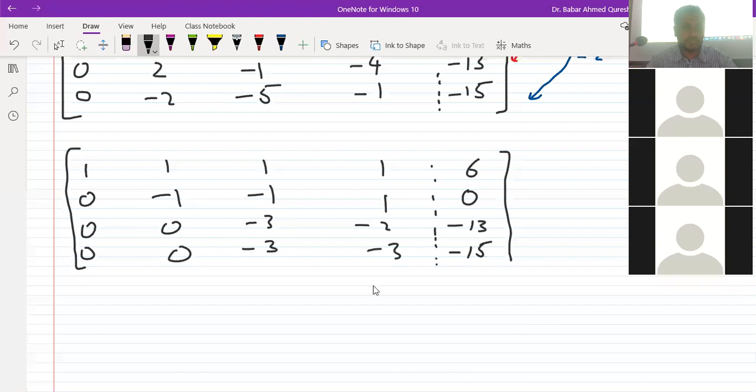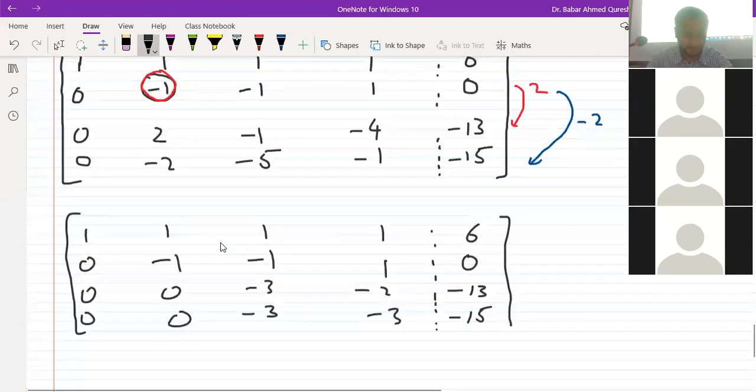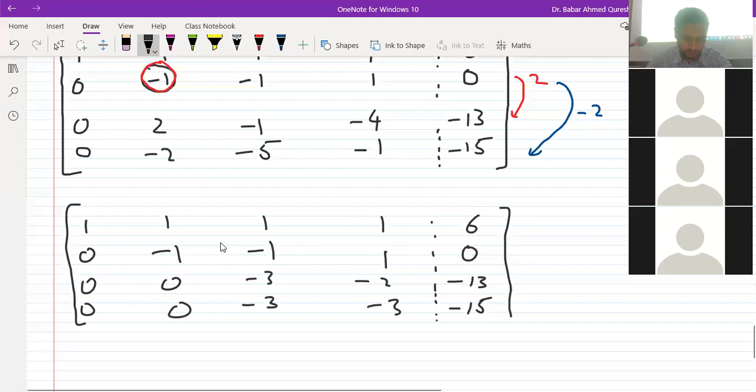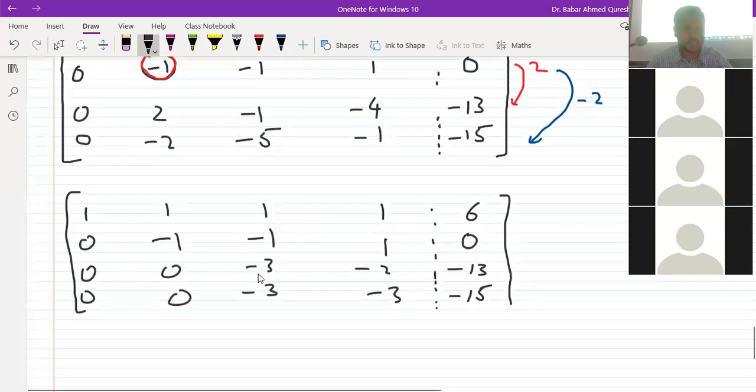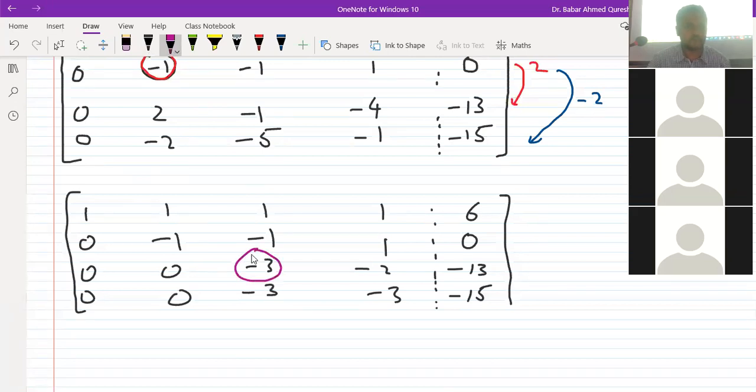Now what you need to do, now again, this guy is your pivot. Move on to the next row. This guy is your pivot, and you have to bring a 0 over here.